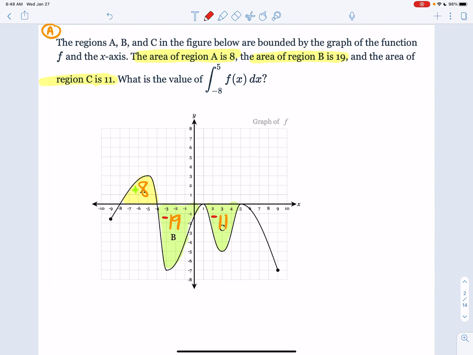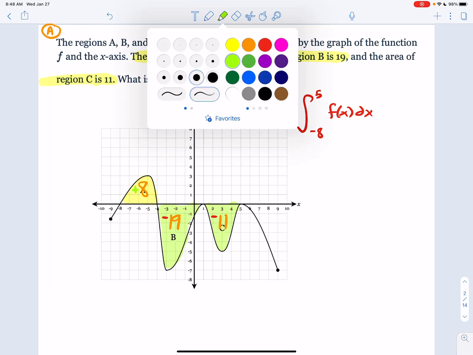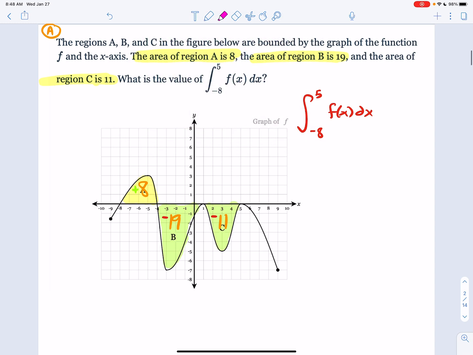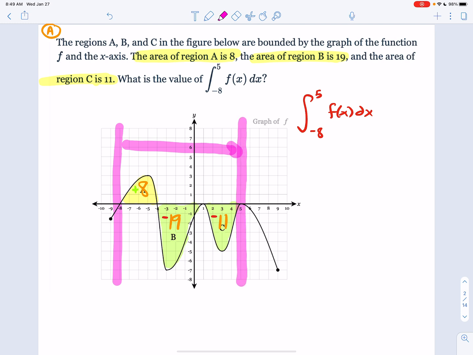So here they're asking you, well, what is the value of the integral from negative 8 to 5 of f of x dx? So they're asking you to accumulate starting from negative 8 and then all the way to positive 5, which happens to be the whole picture with given values, right?